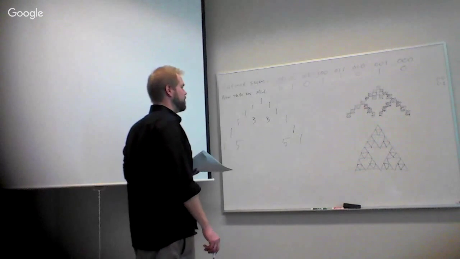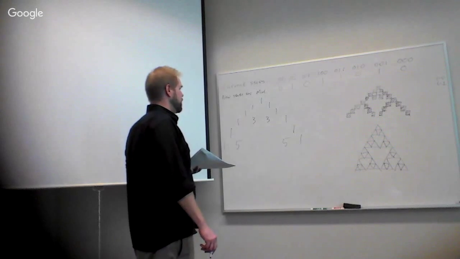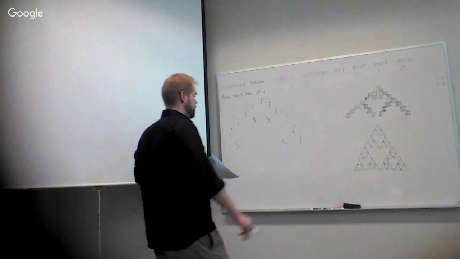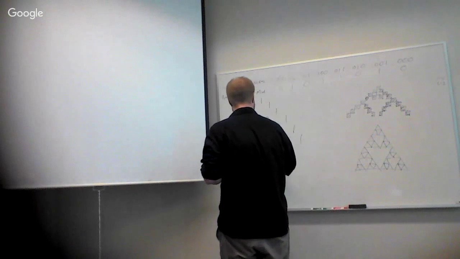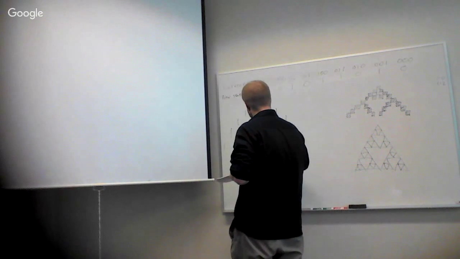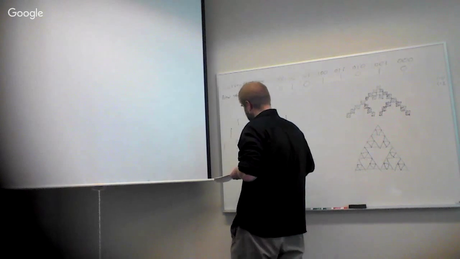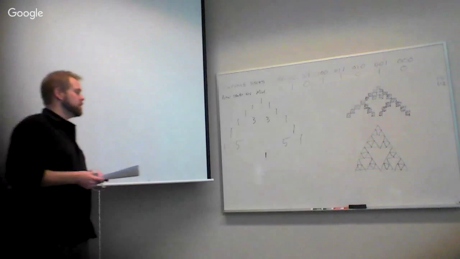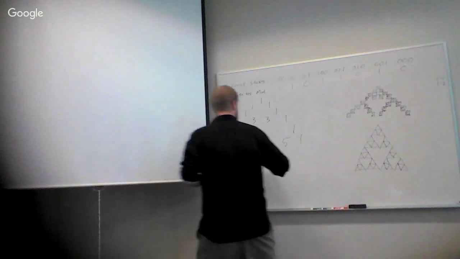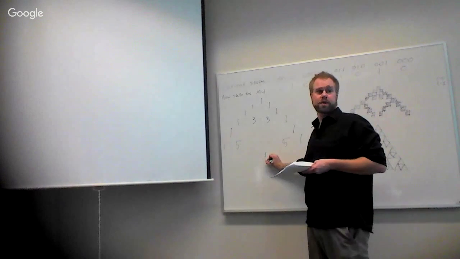Let's take, I don't even know where to put it. Made my Pascal's triangle too big. Yeah, put it down here. Let's take a random walker. Starts at this position. At the next point in time, what's the probability he's at this position?